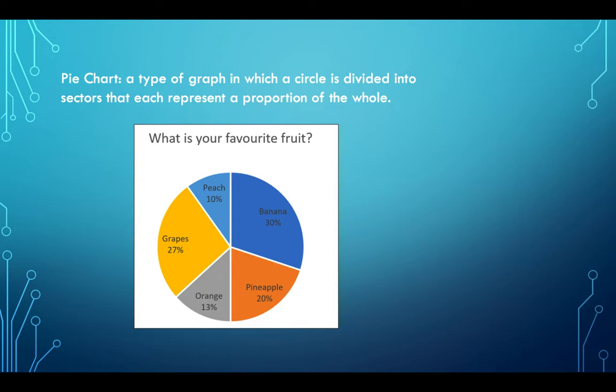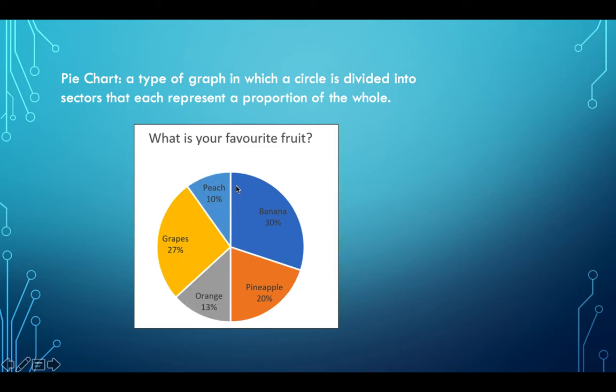of the whole. So just like before, we have our different categories in our graphs, favorite color, favorite fruit, and so on. And then the bigger percentage of people that like the fruit, the bigger piece of the pie it is. So for instance, right here, 10% of people preferred peaches. That's not a whole lot, so they get 10% of the circle.